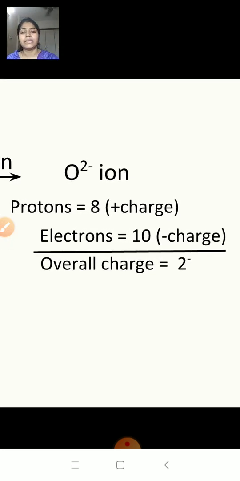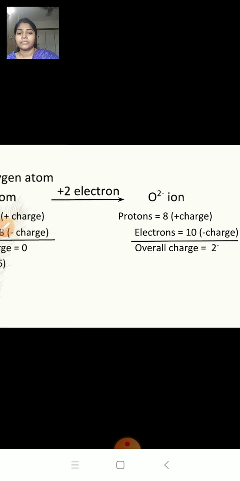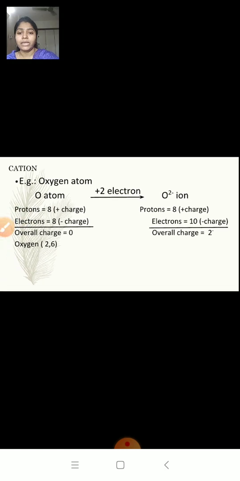You can see here, the protons will be as it is, 8, and electrons, it was 8. It got 2 more electrons, so total is 10 electrons. And the overall charge is minus 2. So you can see oxide ion, that is O2-. The 2- is written up. So oxygen atom turns into oxide ion.